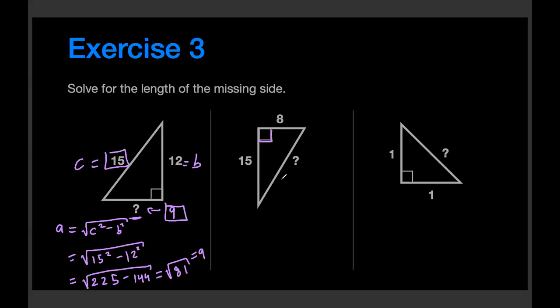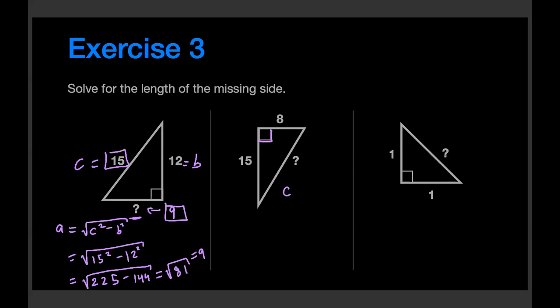Yeah. My apologies, I just noticed that. So for this case, 15 plus 8 would be 23, and 23 would be the hypotenuse for this triangle.